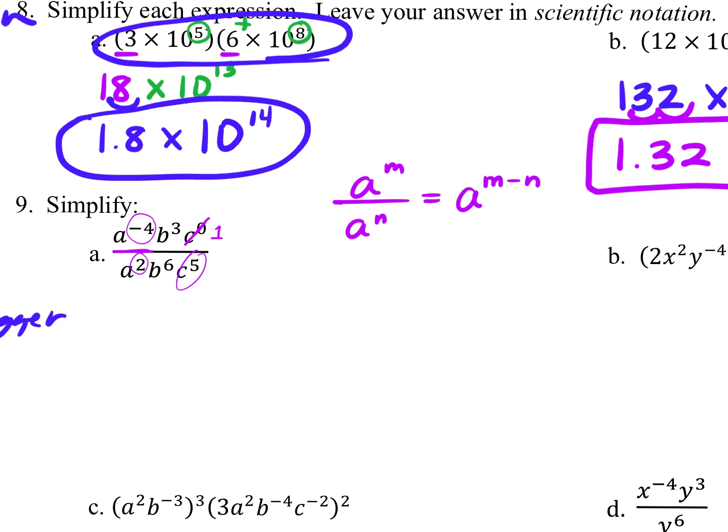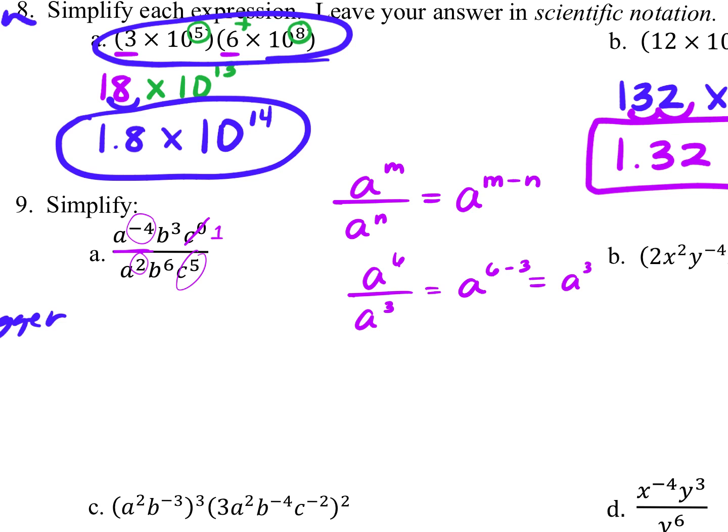You can write it in letter form like this, or with a number example. Like maybe A to the 6th over A to the 3rd equals A to the 6 minus 3, which is A to the 3rd power. Whatever makes the most sense to you.